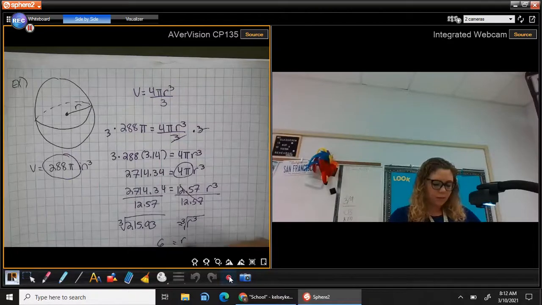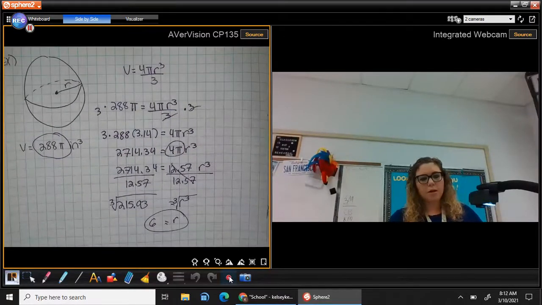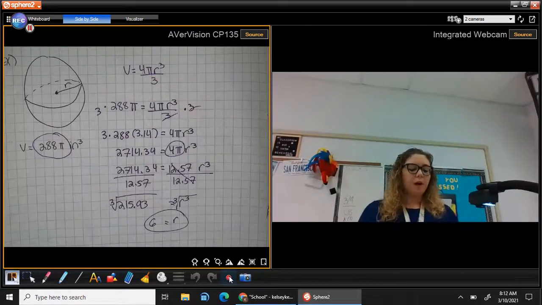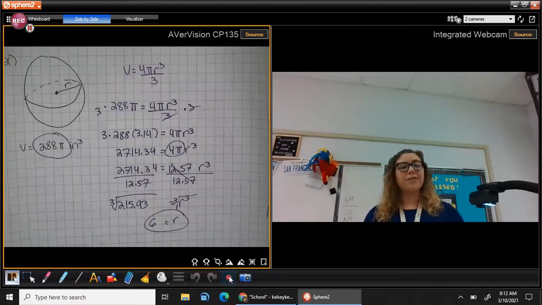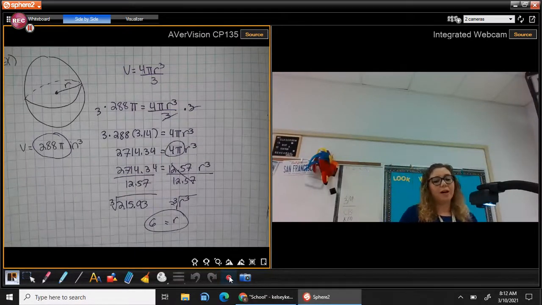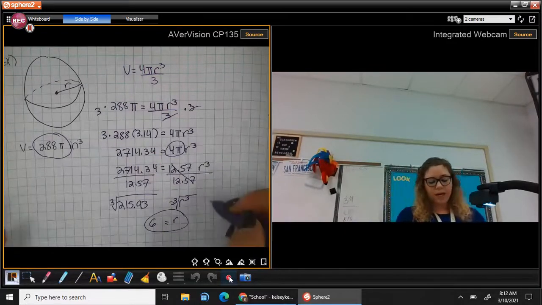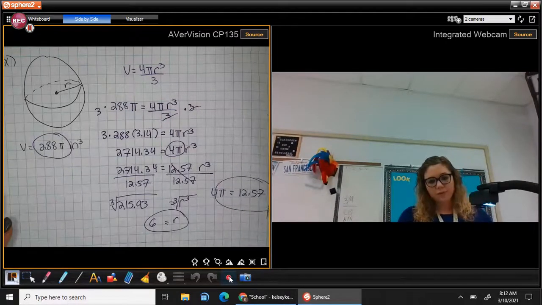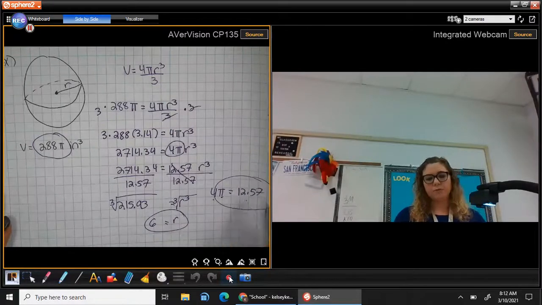Okay, and I'll get about 6 as my radius. Okay. Again, you're just solving them step by step. So just follow my steps right on the other page and you'll get it right. Okay, I know this looks like a big problem, but honestly it is not, just work. Okay, 4 pi is always going to be 12.57 if you want to memorize that. You don't have to, just know you do 4 times pi. Okay, and that would give you 12.57.